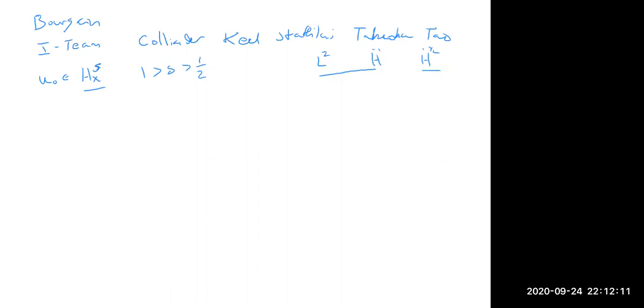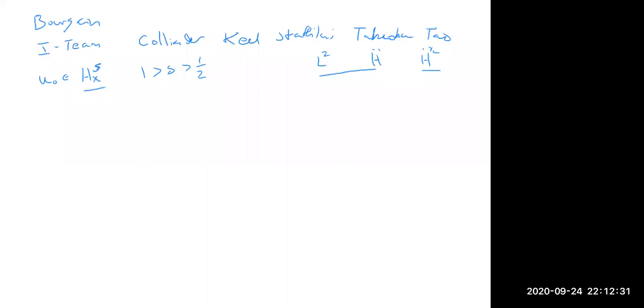It would be a polynomial function of the energy and the mass, and that's pretty good. You're not going to get an estimate like that from a concentration compactness argument. Not even close.